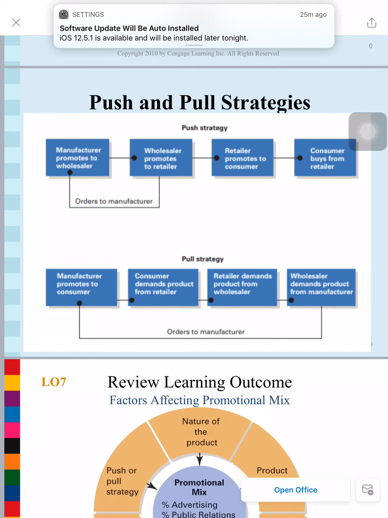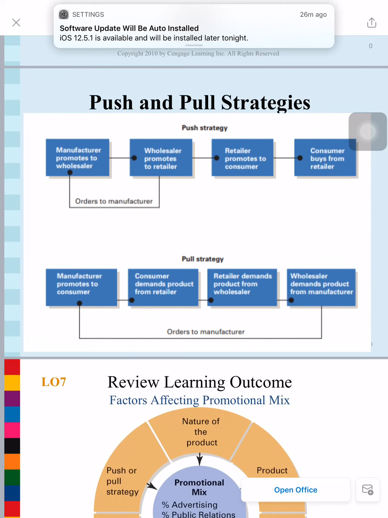For push, for example, like Tesco, they buy products from the manufacturers and go for promotional effort, with varieties of products, household products and so on. That's called push. For pull, like Nestle and Procter and Gamble, they do the promotional mix effort from the manufacturer.